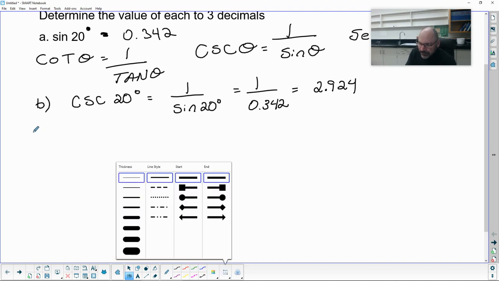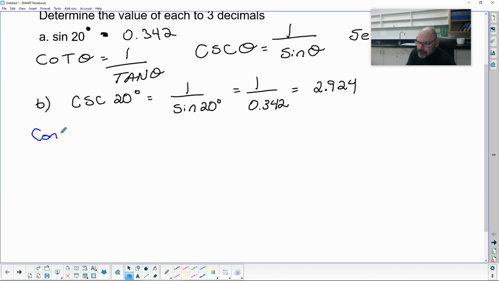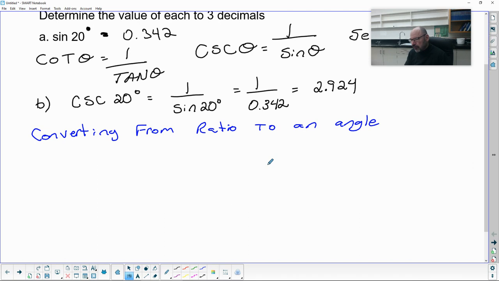This is converting from a ratio to an angle, and this requires a couple of steps at least. We'll do an easy example first.